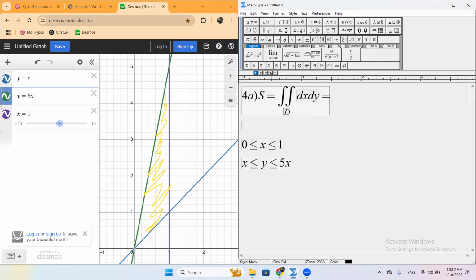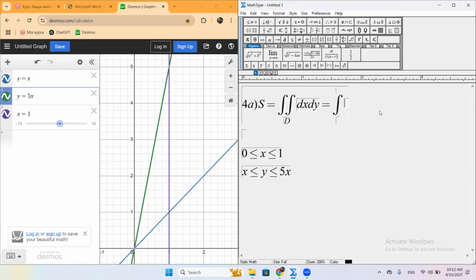So now let's assign bounds of integration: x from 0 to 1 and y from x to 5x.